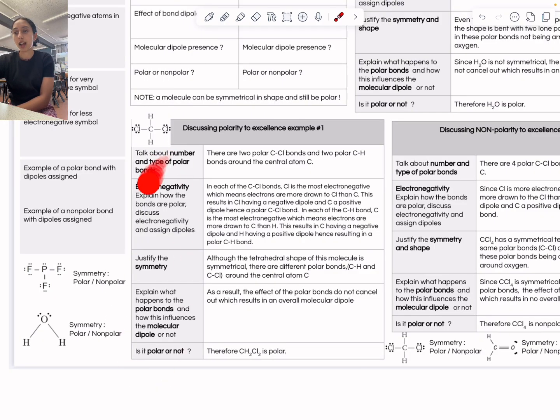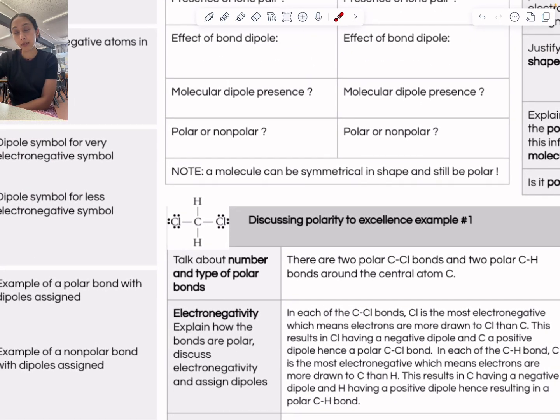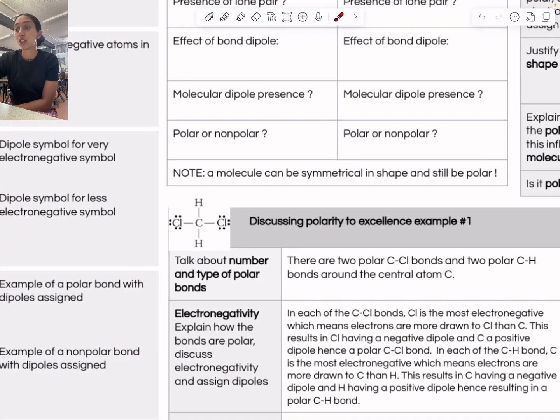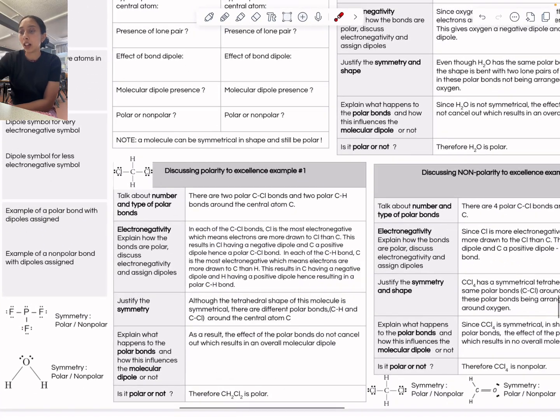So on the side, this grey part, I've kind of outlined what you need to write within your answer to cover everything. So the first thing that you should talk about is the number and type of polar bonds that are present. And so as you can see, this molecule, we have the central atom C, and around it we've got a few polar bonds. We've got two CH bonds, and then we've got two CCl bonds.